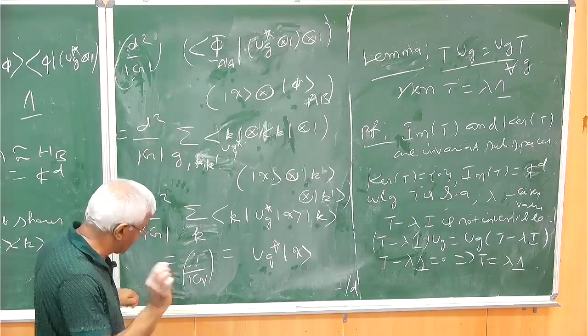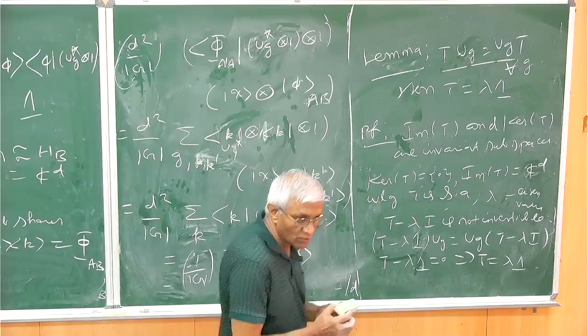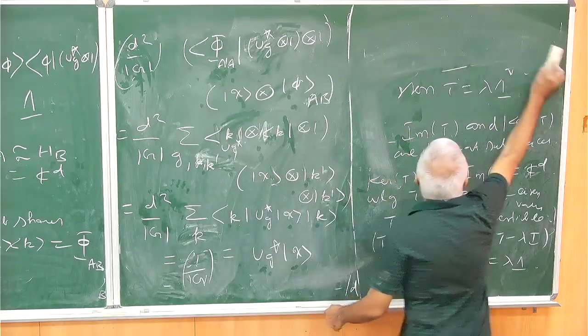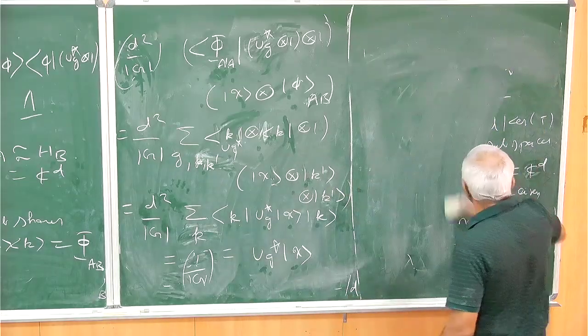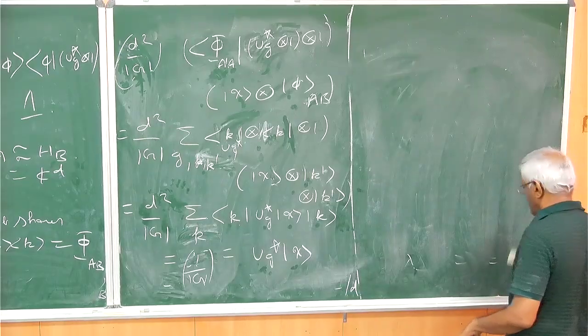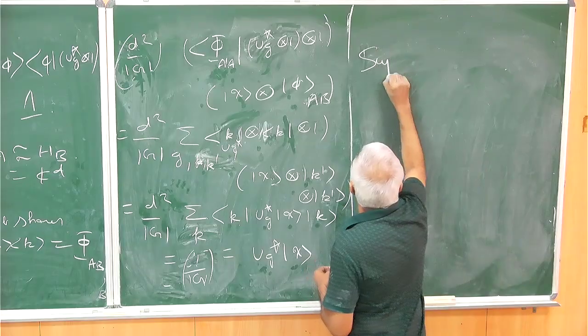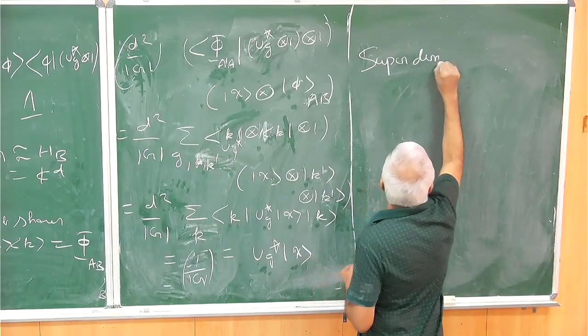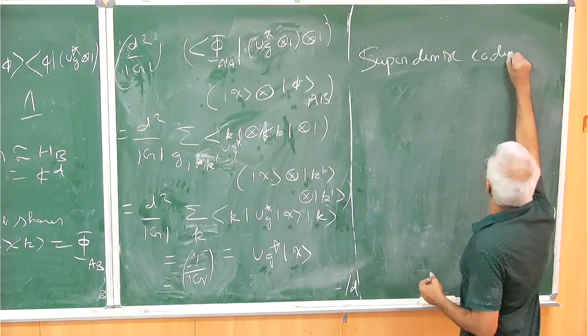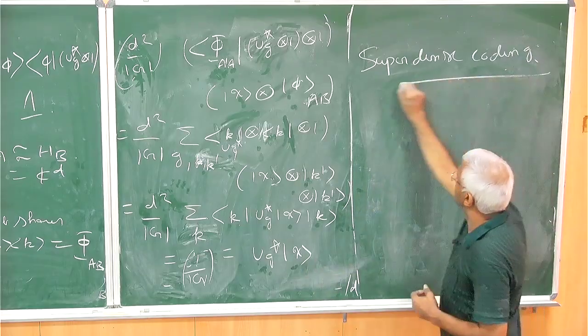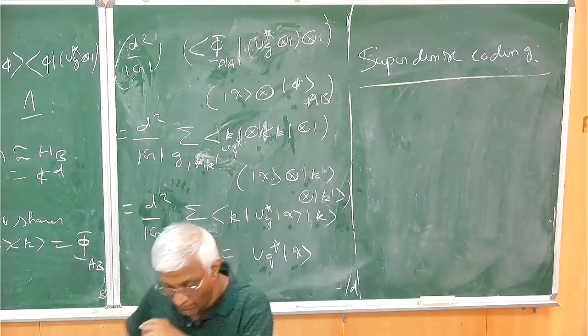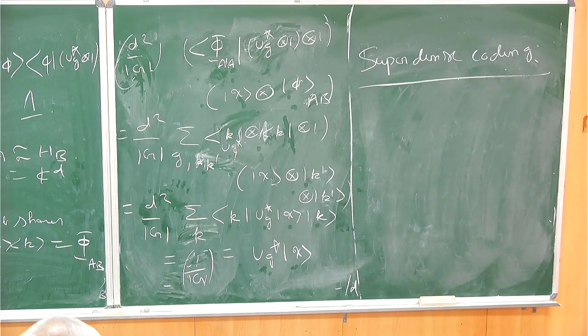Okay. I will just mention what is called super dense coding. There's not much to it. Till now, what we did was Alice wants to send a quantum state.